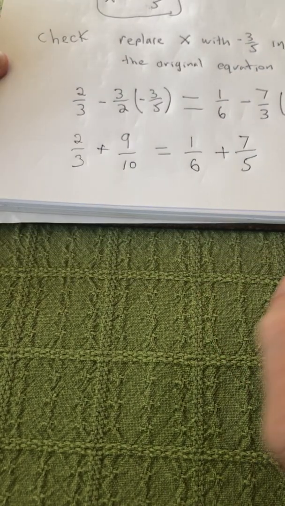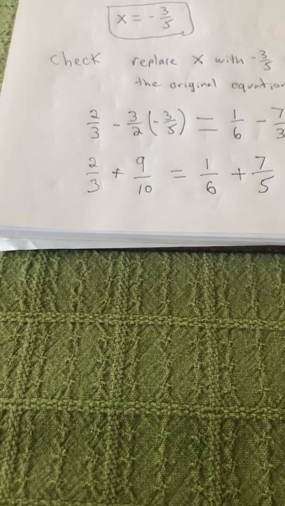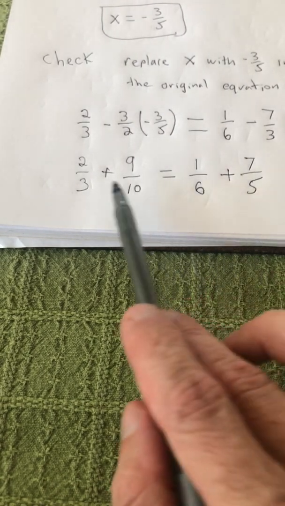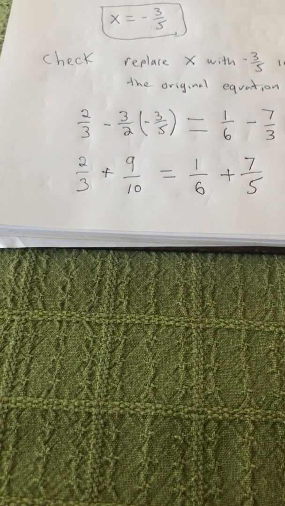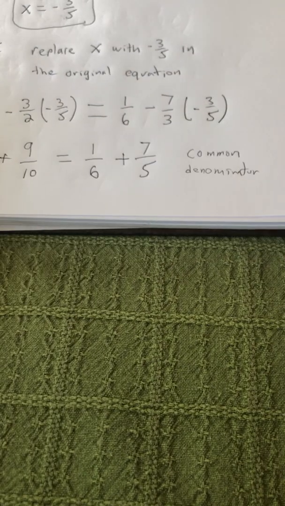So how do we check this? Well, now what's going to happen is we have to get a common denominator. The common denominator obviously is 30.